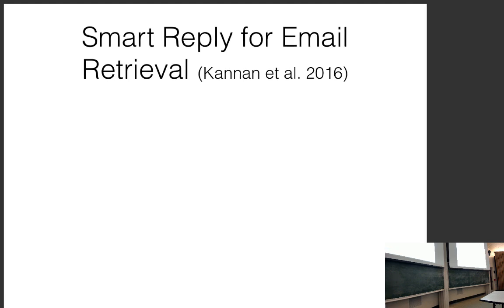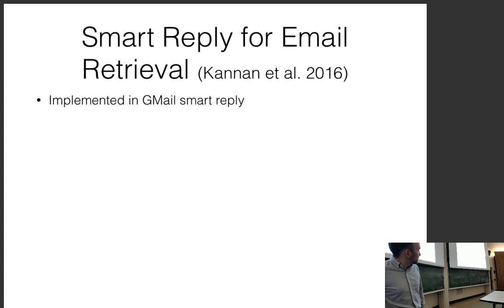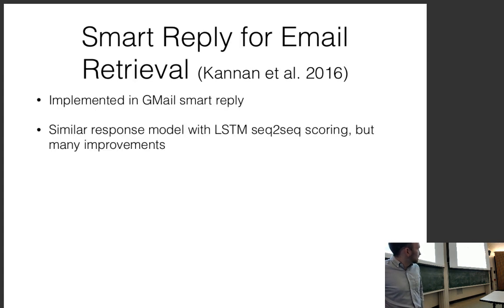So this has been scaled up by Google, and they actually have a really nice paper on this. The reason I think it's a really nice paper is that it goes into a lot of the things they had to do to make this a practical system as opposed to something just in the lab. It's implemented in the Gmail Smart Reply. They use a retrieval model, but it's based on an LSTM-based sequence model.